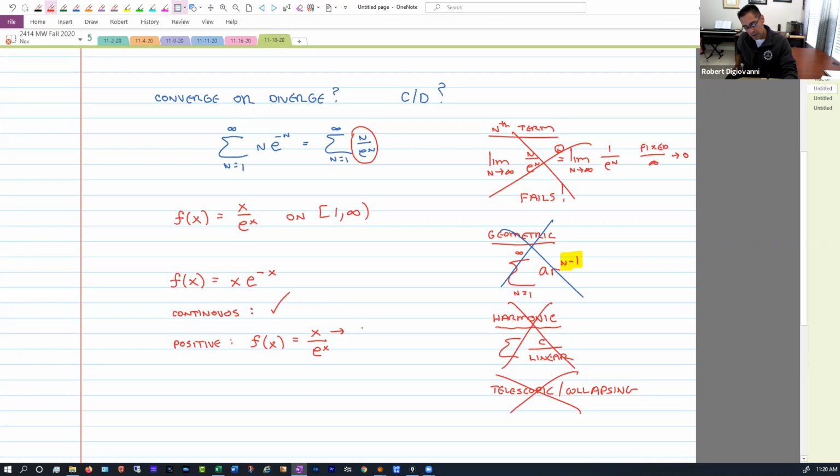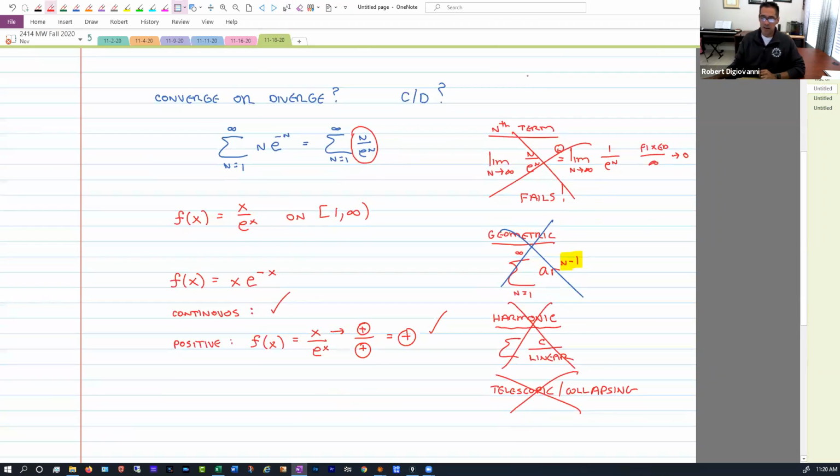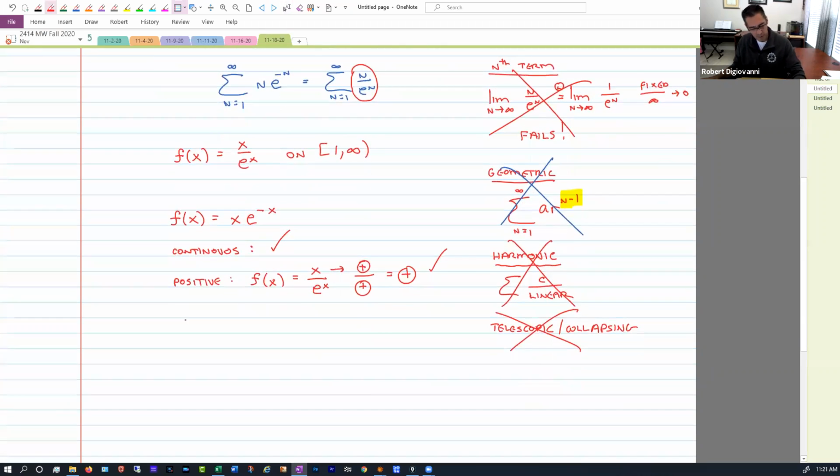And e raised to any power is positive. So the ratio of 2 positives is positive. So we're good. So long as we're only looking between 1 and infinity, we're always going to have a positive number here. So we got positive. The next thing is to show that it's decreasing.